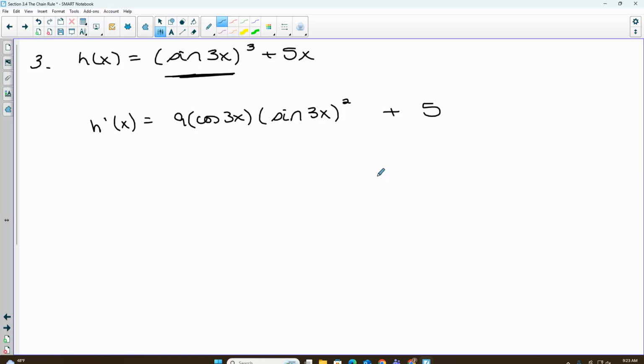Okay, now, you certainly could have worked out the derivative of sine 3x cubed again. But that's why I like 1 through 4, they just kept adding one more piece. So your previous answer, we're just building on it.